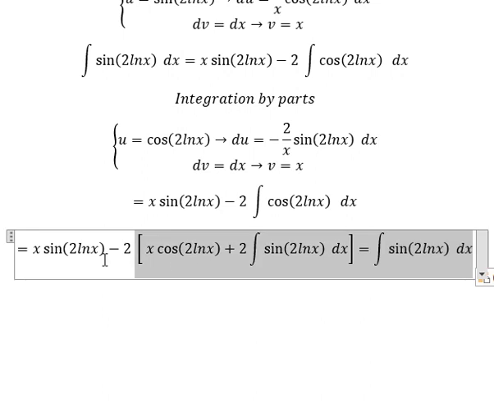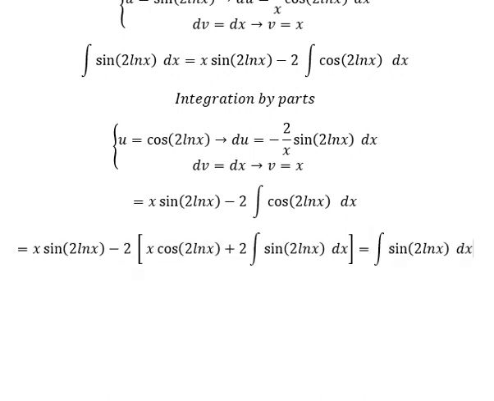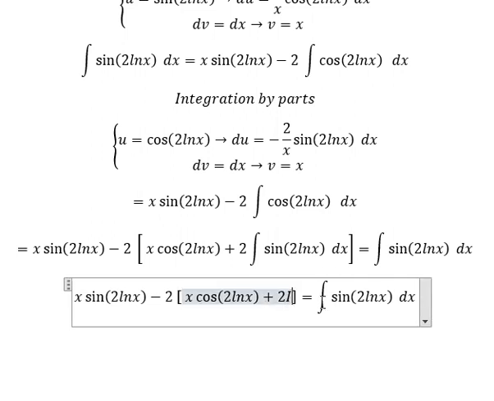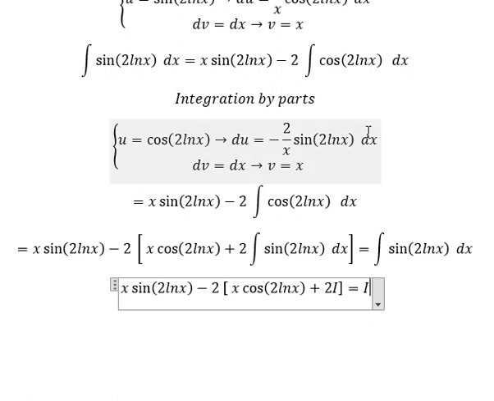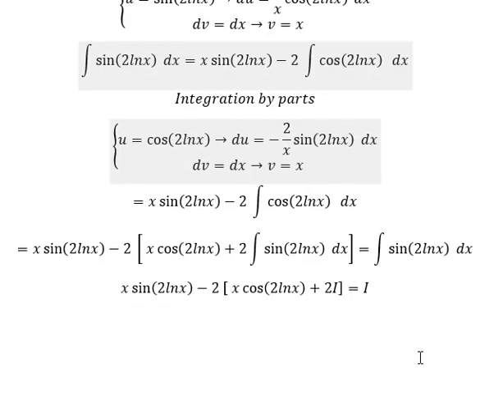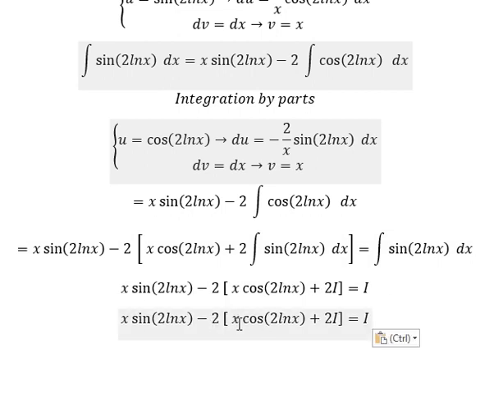So in this situation, I will change this one to capital I, to find the value of this integration. So negative 2 multiplied by this one and 2I. So we have like this.